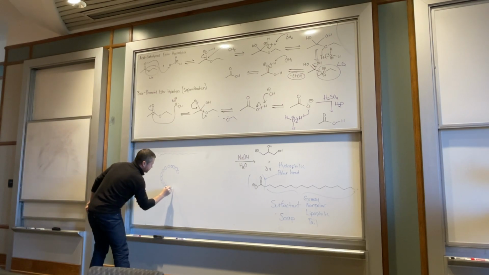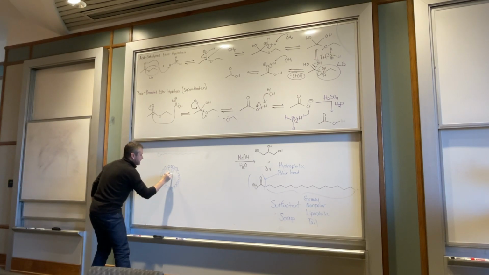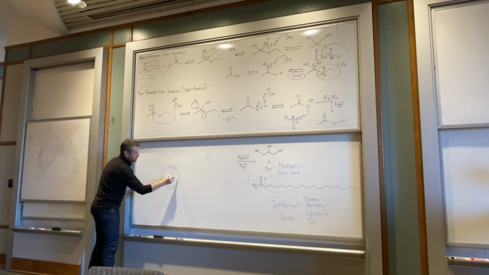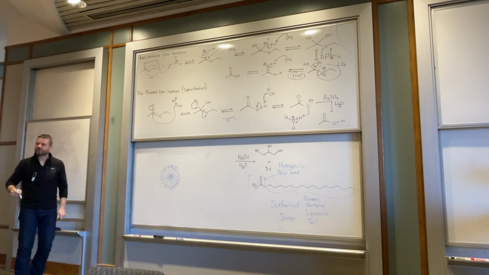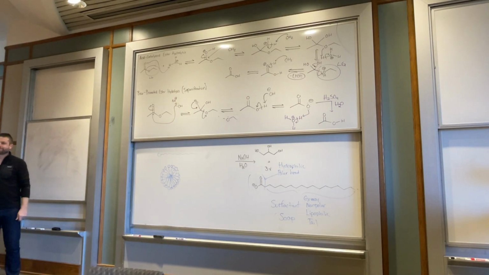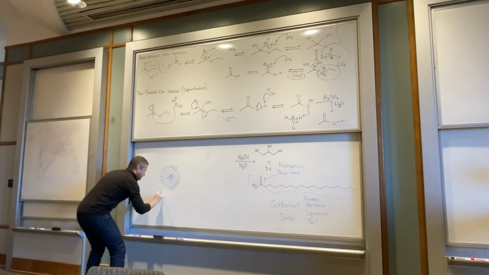It's going to be the low energy form. And then these long greasy tails are kind of hidden inside this ball, right, to get away from the water. Does anybody know what this is called? Yeah? Good, this is a micelle.